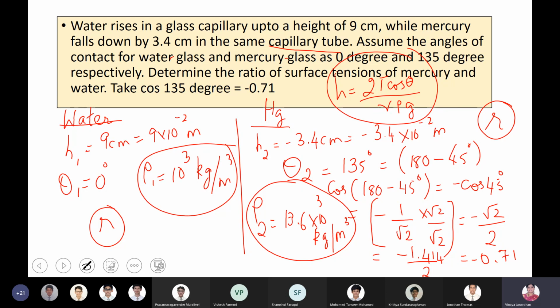The rest they will provide. So you have all this data. So just find what is T1 by T2.